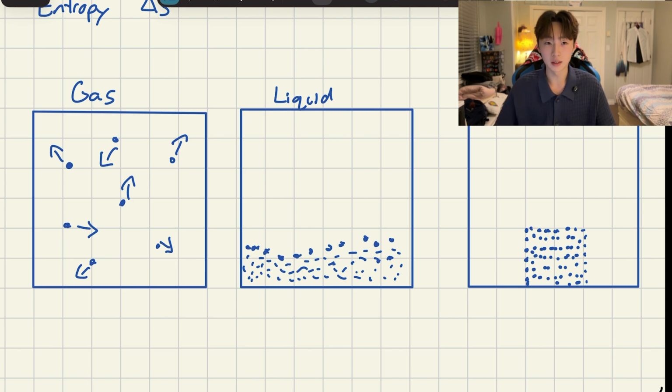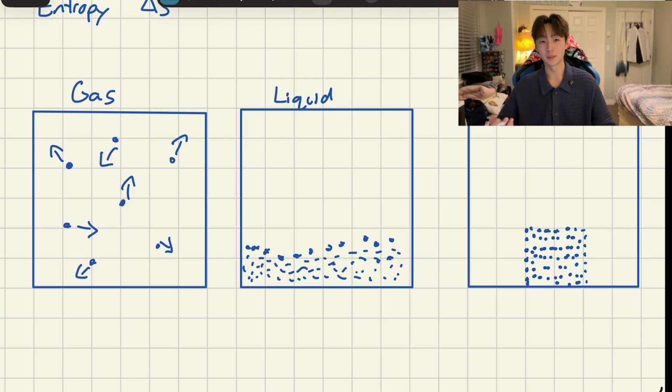But how about aqueous solutions? Well, because an aqueous solution has ions inside of a liquid, that's more disordered than if you had just a pure liquid. An analogy would be having a room full of people that are exactly the same height, that's being liquids, or a room with a bunch of people who are the same height, but you have like 10 people who are extremely tall.